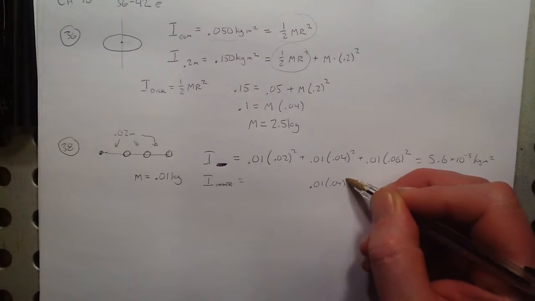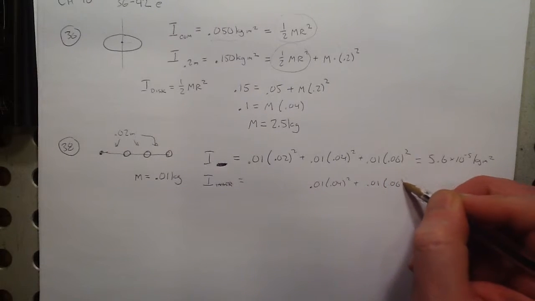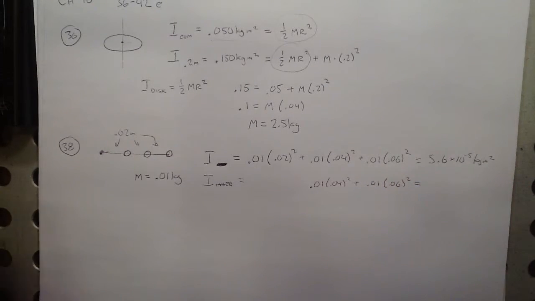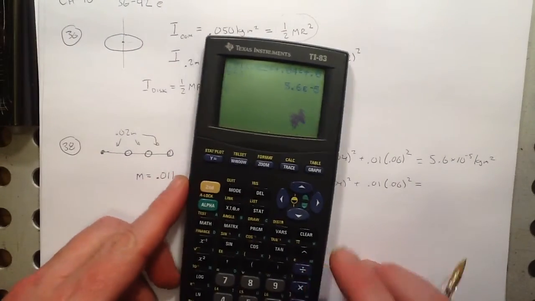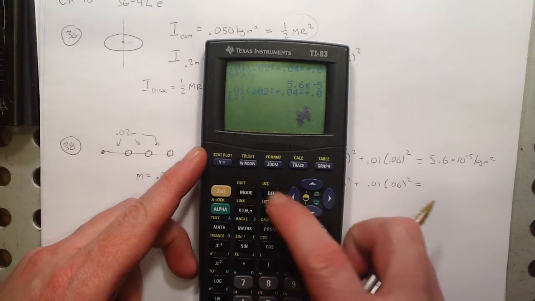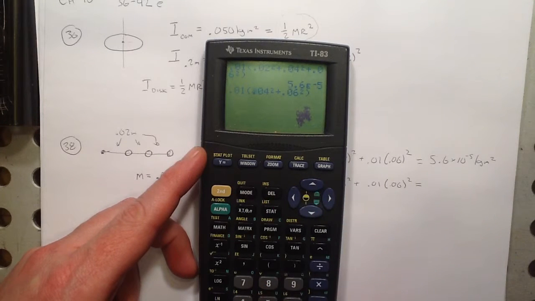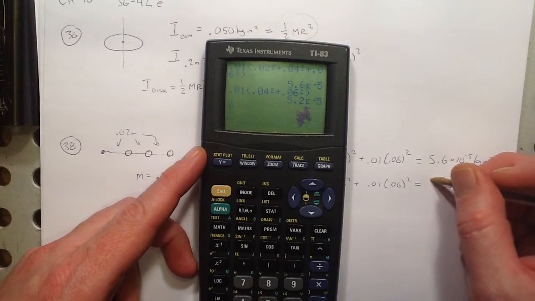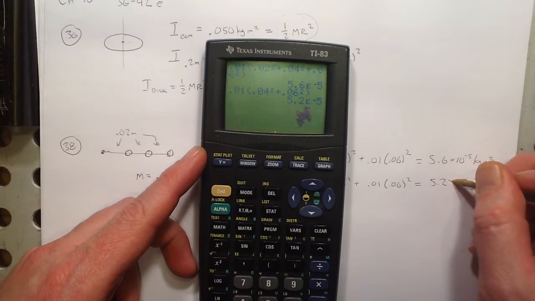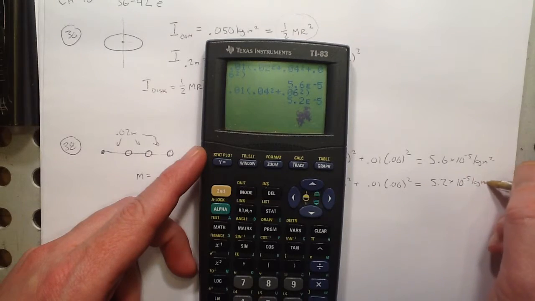I just have these two. Let's bring that same expression back up and delete that first one. So now it's 5.2 times 10 to the negative fifth kilogram meters squared.